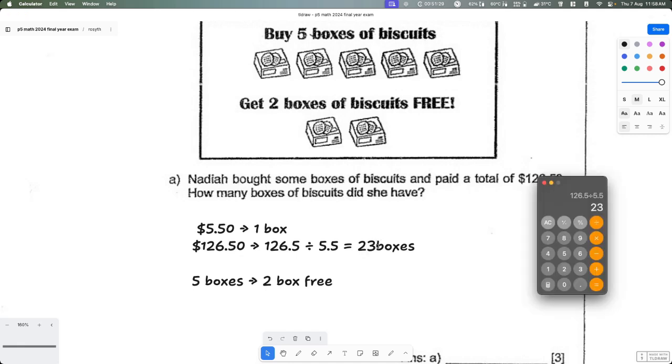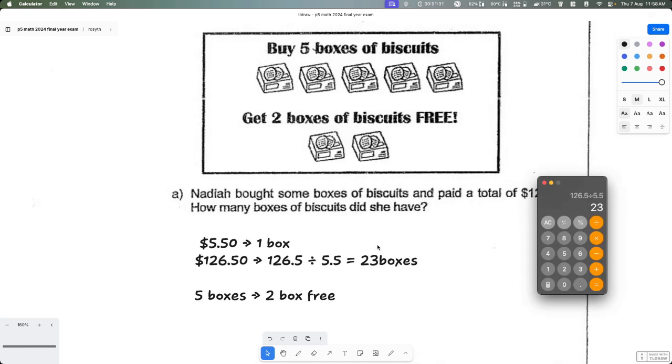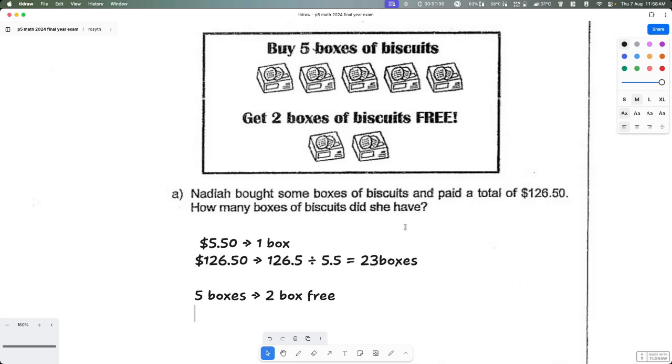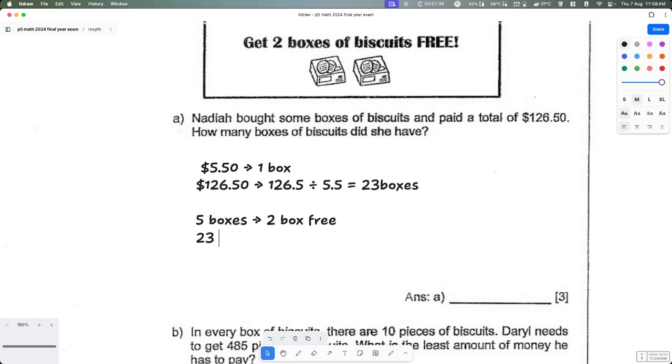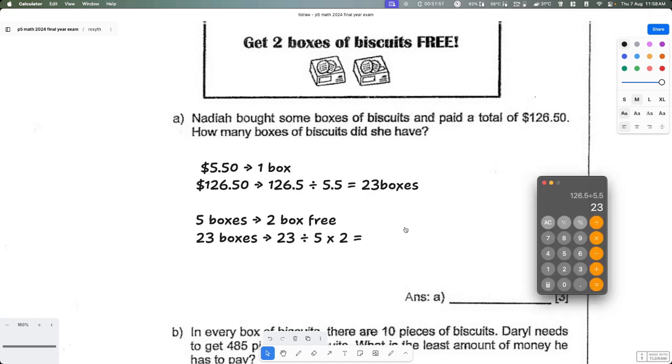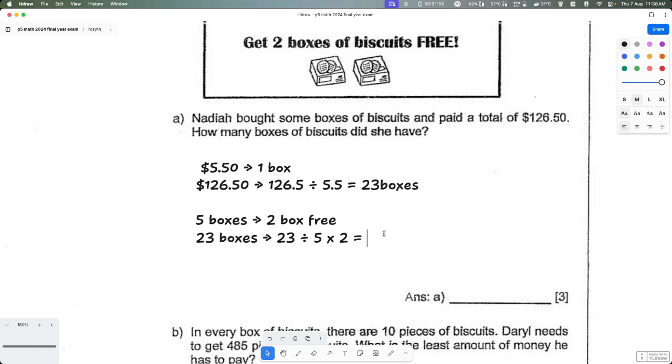So wait, is this 25 or 23? Okay, yeah. So 23 boxes is equal to 23 divided by 5 and then times 2. So 23 divided by 5 gives you 4.6.